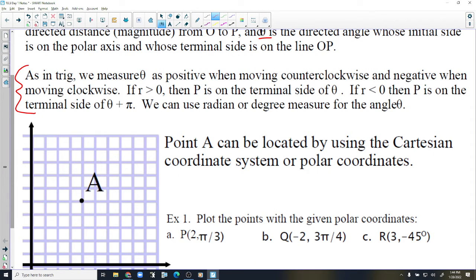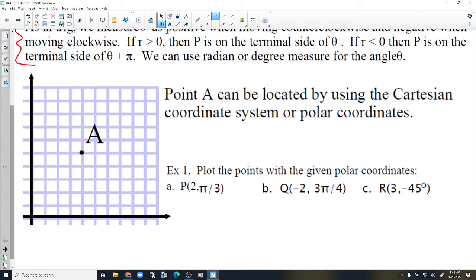Point A can be located by using the Cartesian coordinate system or polar coordinates. So we can find this point by going 1, 2, 3, 4 over, and 1, 2, 3, 4, 5 up. So 4 over and 5 up. And we have what's called an x and a y, made up of vertical lines and horizontal lines from 0,0. But we can also find this point by saying it's on a circle of radius something.